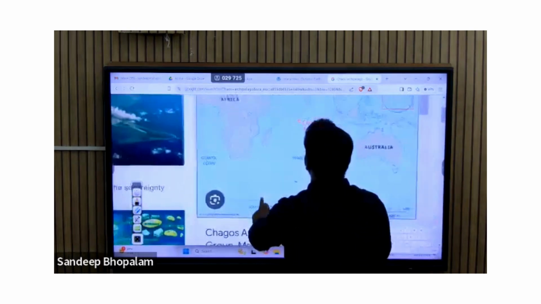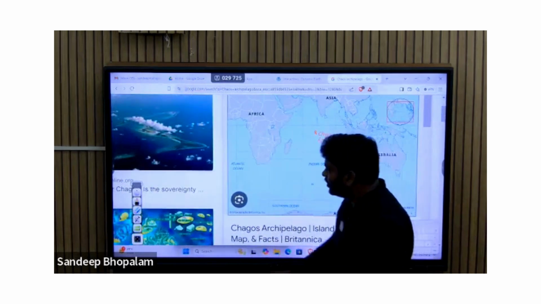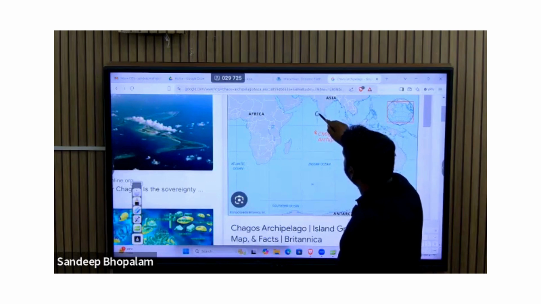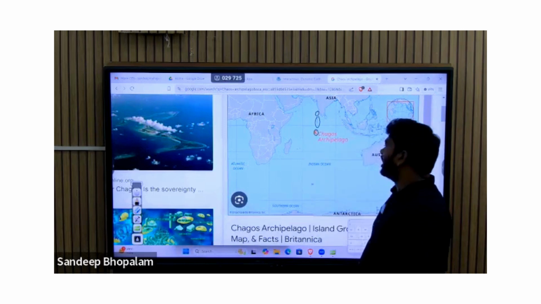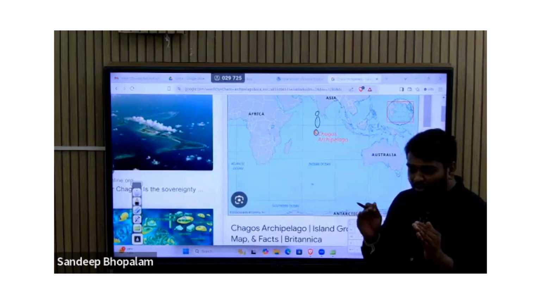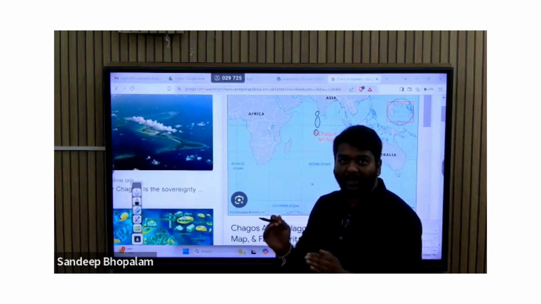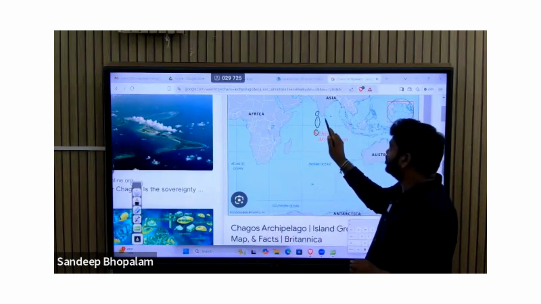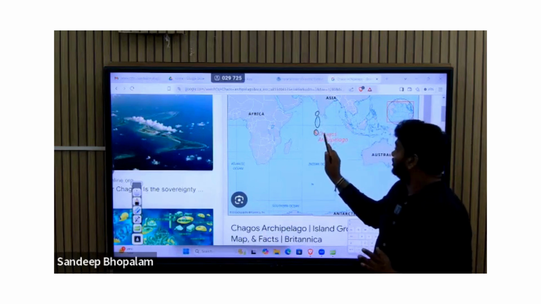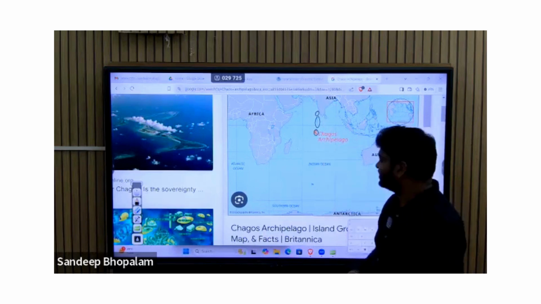Yeah, see here guys, you will observe Lakshadweep, Maldives, Chagos Archipelago. Okay, see guys, as you are aware, UK ruled India, UK ruled Maldives, UK ruled Sri Lanka, UK ruled Lakshadweep, Chagos Archipelago, most of these areas.